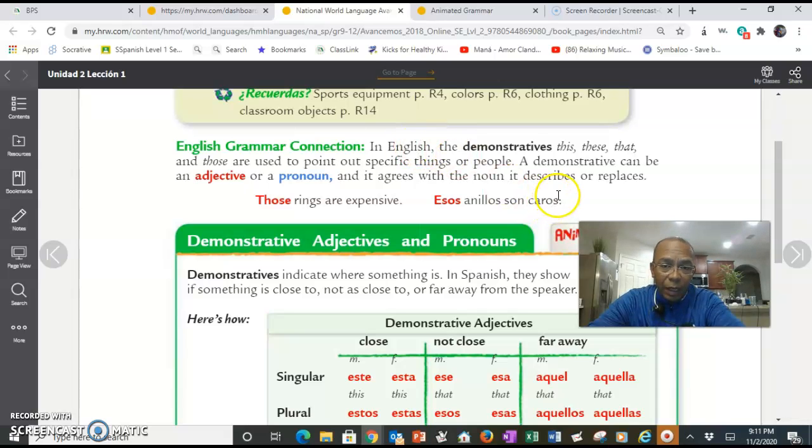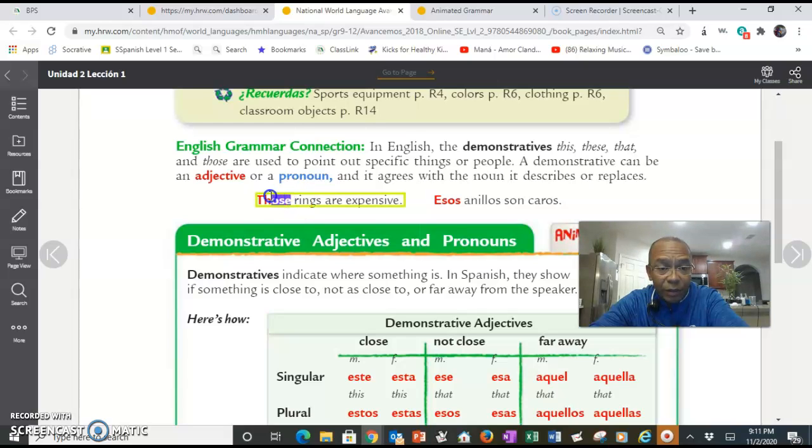So, the English connection is that the demonstratives this, these, that, and those are used to point out specific things or people, right? A demonstrative can be an adjective or a pronoun, and it agrees with the noun it describes or replaces. For example, those rings are expensive.